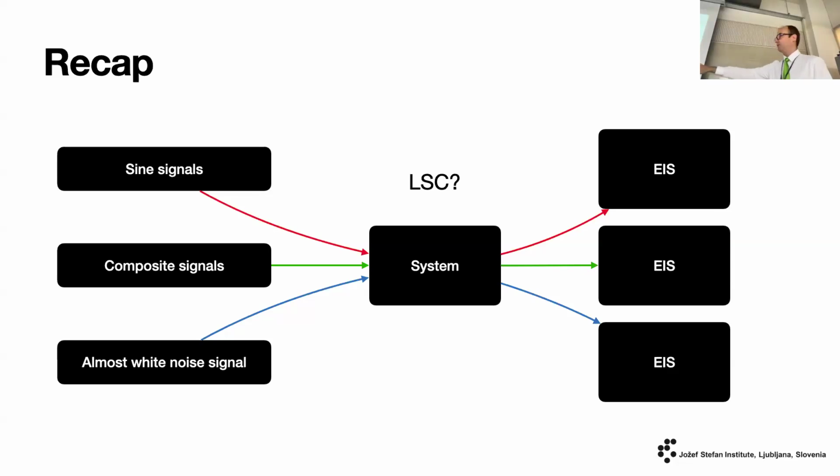Tomorrow I'm going to show you how you can do it. And we can obtain EIS curves. I draw here 3 EIS curves. All 3 of them must be identical. It is regardless of how you excite the system, because the system is linear, stable, and causal. Regardless of the way you do it, the results must be identical. That's the fun part about it.